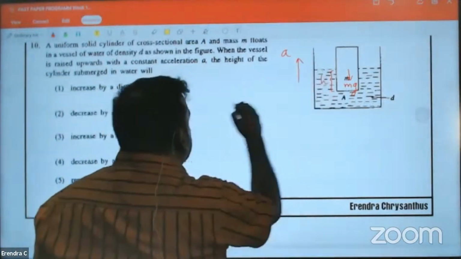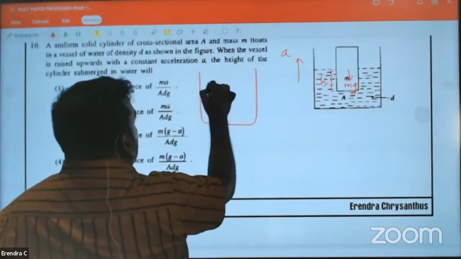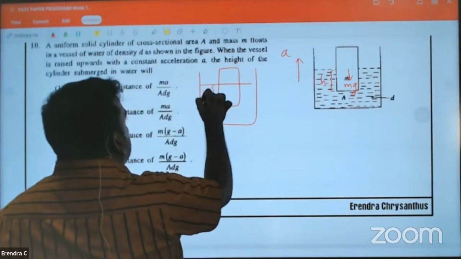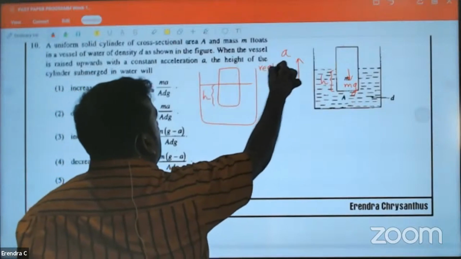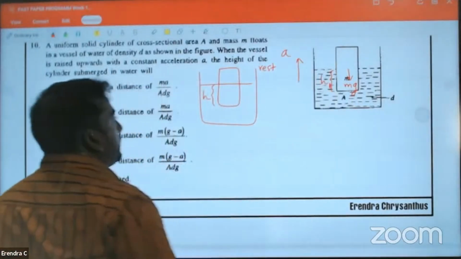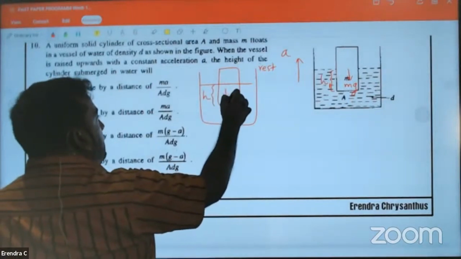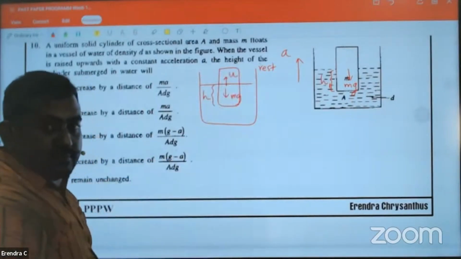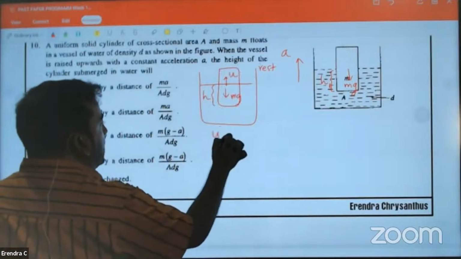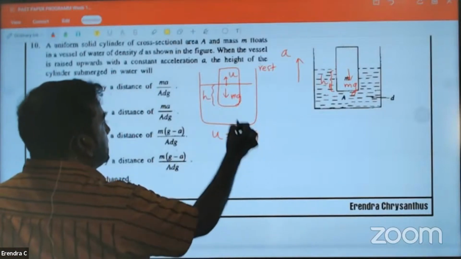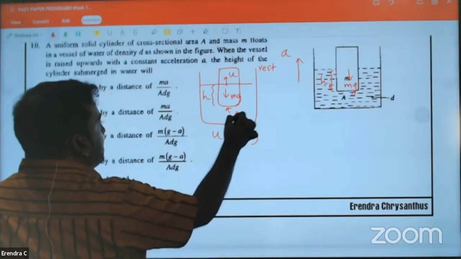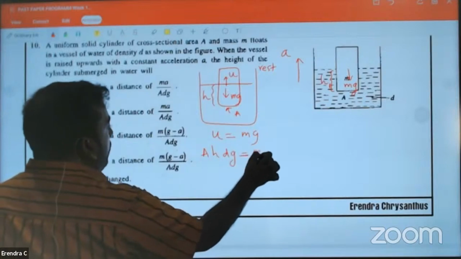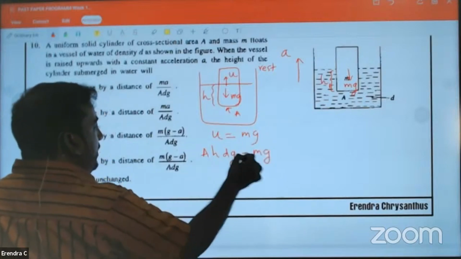Right before this, keep the beaker floating in water at rest. Let's call this h1. Here mg balances upthrust. Upward forces balance downward forces. Area A, A h1 d g is equal to mg.